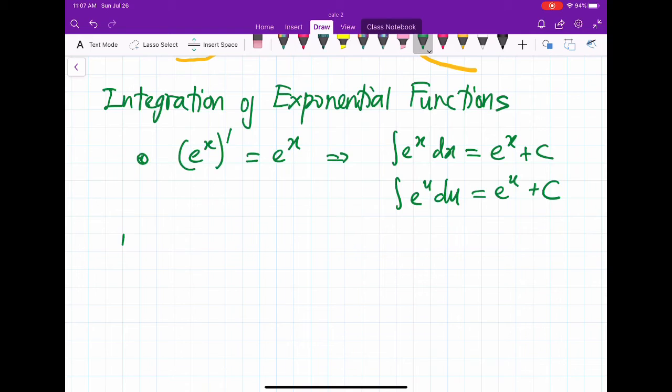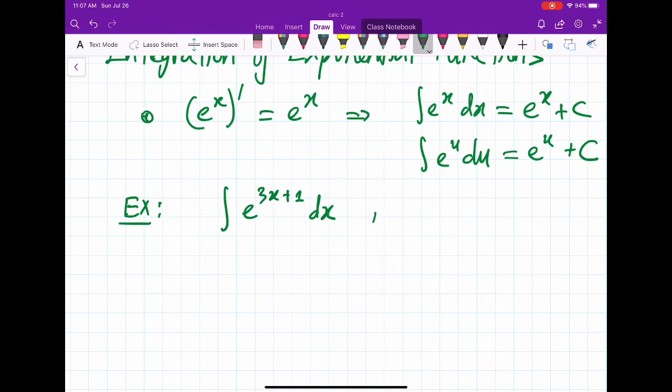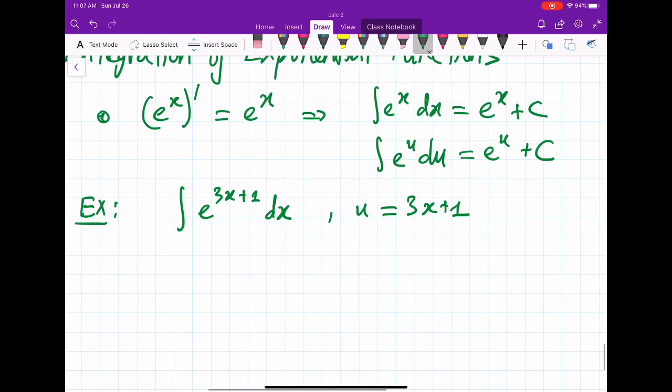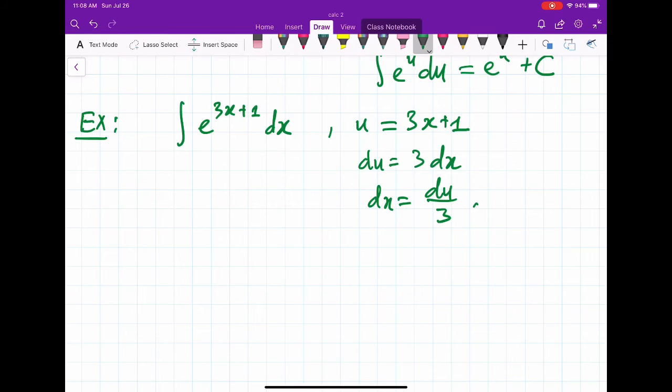Okay, let's consider the following example. Find the antiderivative of e to the 3x plus 1 dx. So in this case, u is 3x plus 1. If you are careful, you can do substitution. Yes, you put u equal to 3x plus 1, you have du equal to 3 dx, right? Or dx is equal to du over 3. Remember that when we do substitution, we need to rewrite the original integral in terms of the new variable.